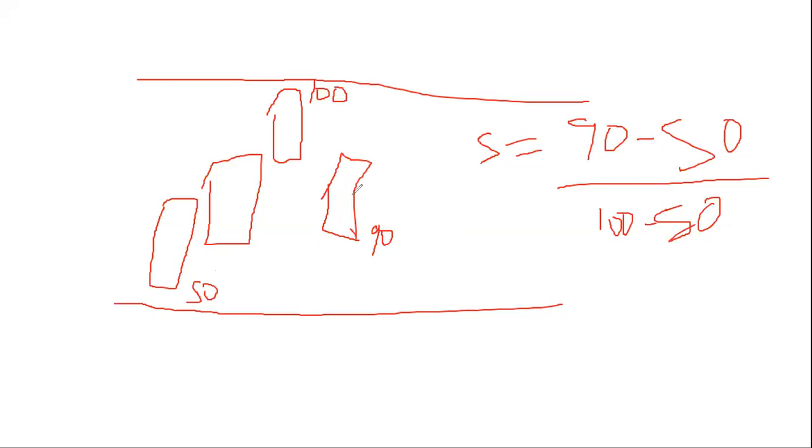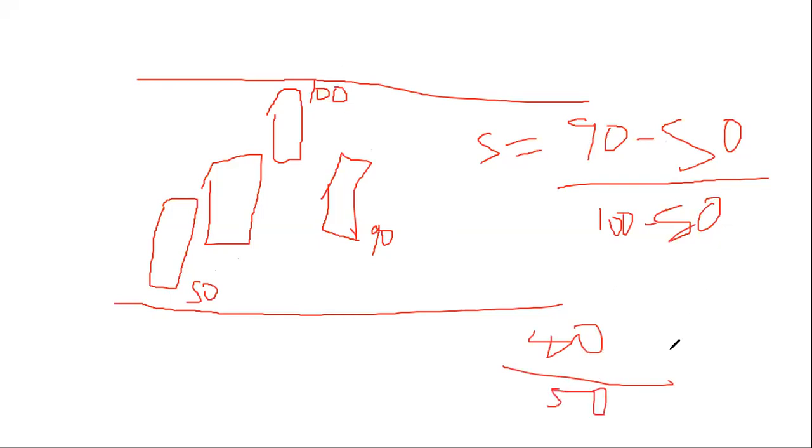And also divided by the difference between the highest point of the candle, that's the bullish candle, and the lowest point. So the highest point is 100, right? The lowest is 50. When you do the mathematics, 90 minus 50 is 40. 40 divided by 100 minus 50, that's 50.